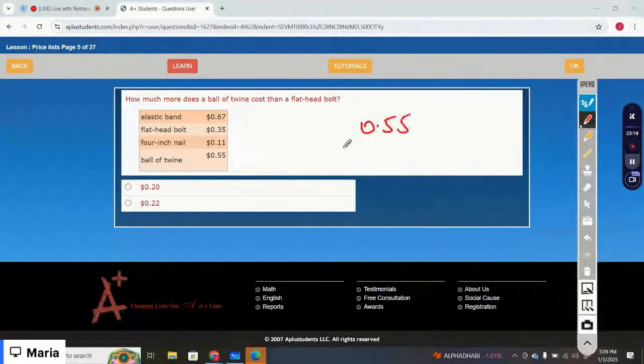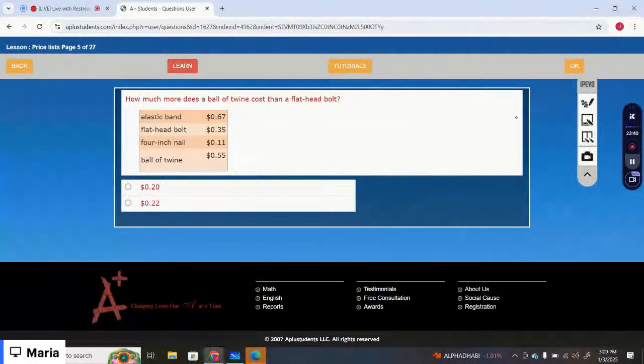So 0.55 minus 0.35, that is 0.20. Option number 1 is the correct option, that is $0.20.